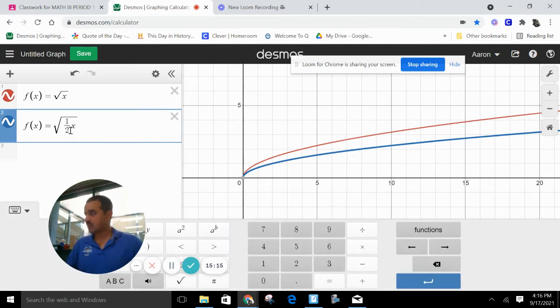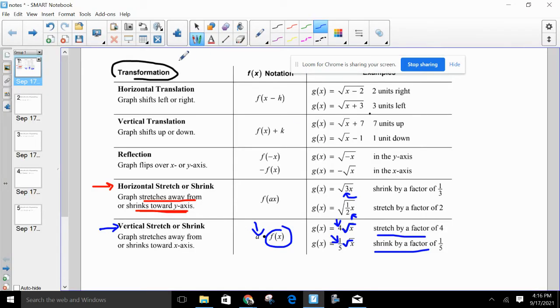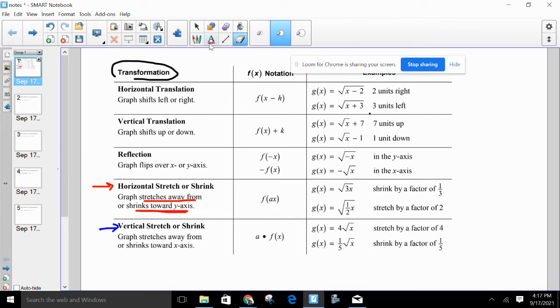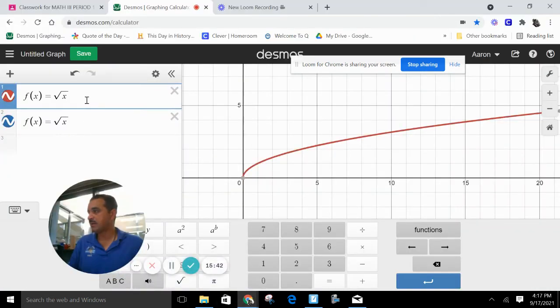So, let me demonstrate. Let's do the last two examples here. Watch. Let's go ahead and multiply by 4. We're going to have a vertical stretch by a factor of 4. Watch. We already have the parent in red.